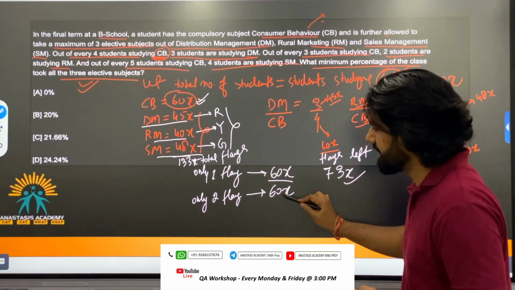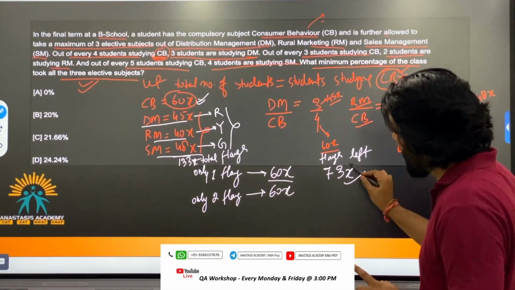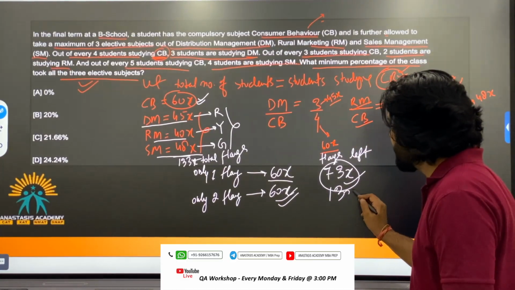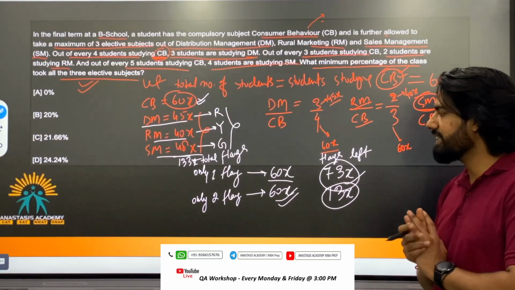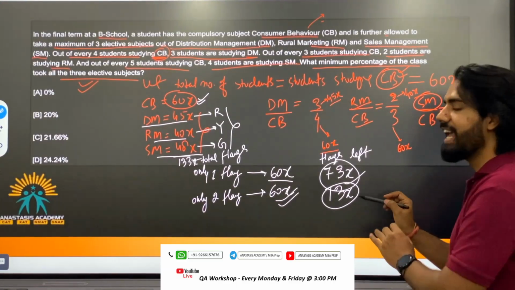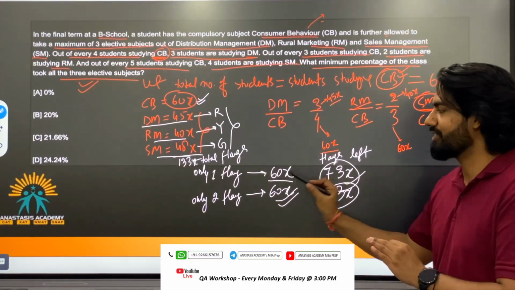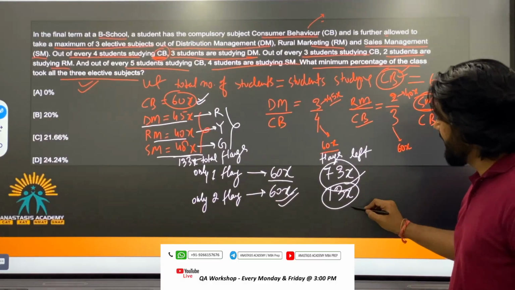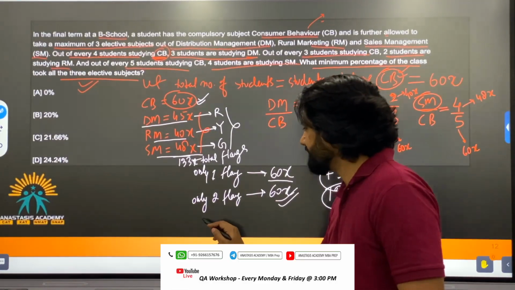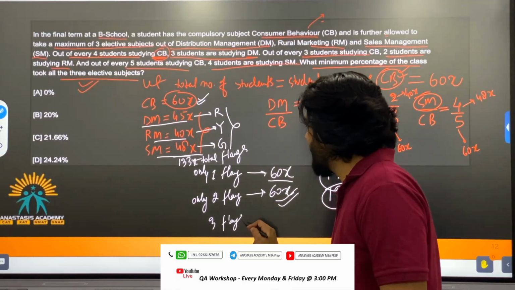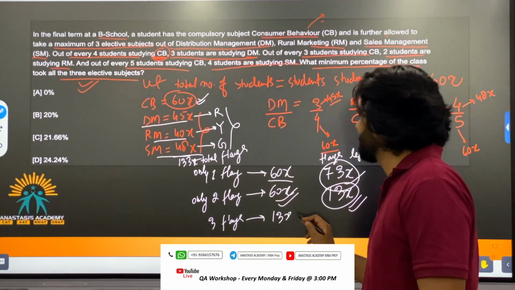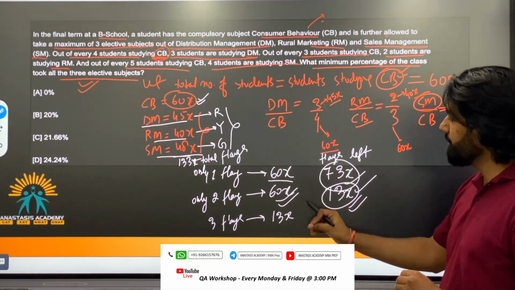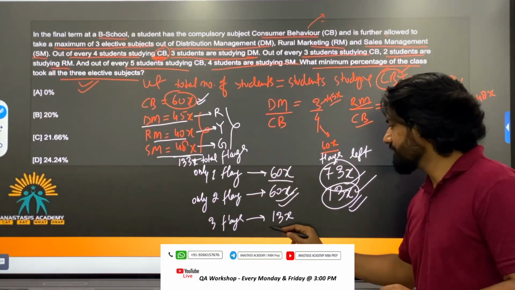Because 120x flags are distributed, out of these 73x, 60x are now distributed. How many are left? 13x flags are left. And I have to distribute these 13x flags to 13x more students. So the minimum number of students having all three flags would be 13x.